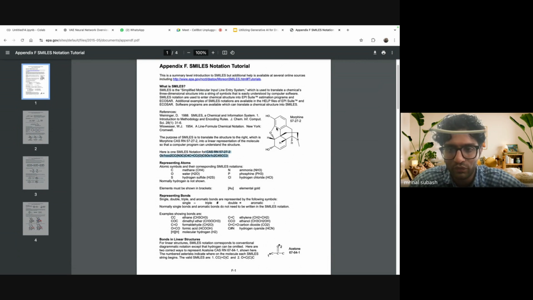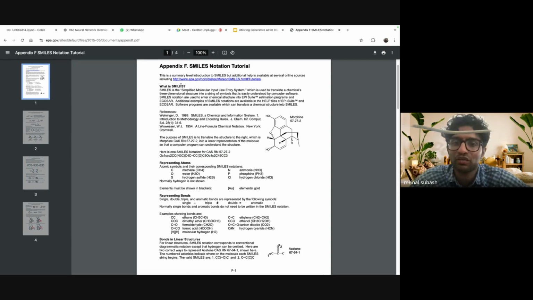So when you feed into a certain model, you cannot pass in a chemical compound like this and expect your AI model to understand that this is morphine. There's a certain method and notation to be followed, which is called SMILES.